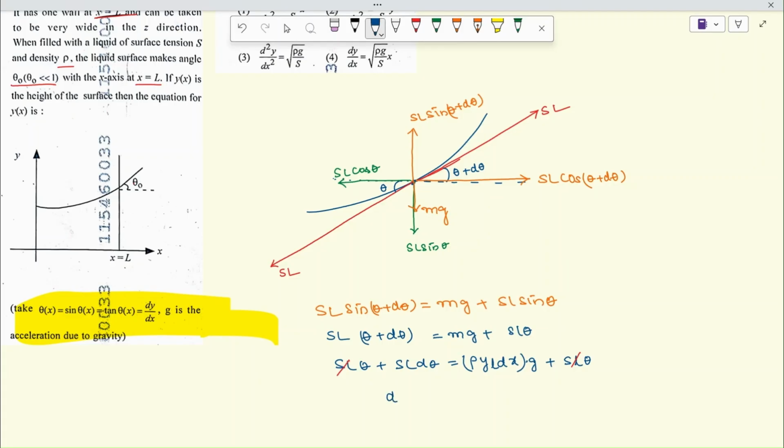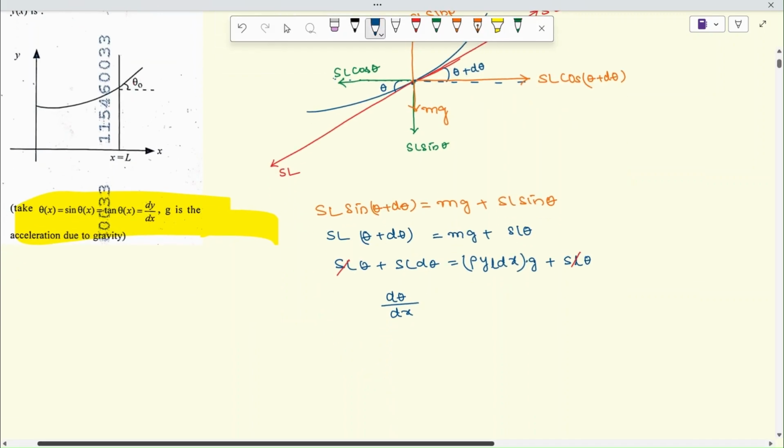Now write d theta by dx. And what happens? It becomes, on the right side, rho y g. That L also we can cancel on both sides. So d theta by dx equal to rho y g by S. Right?